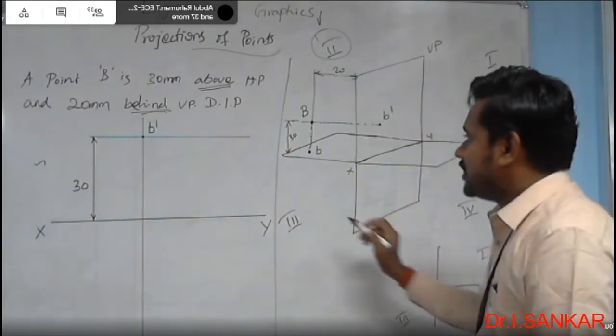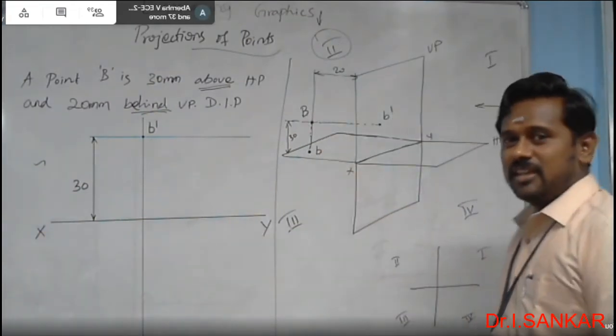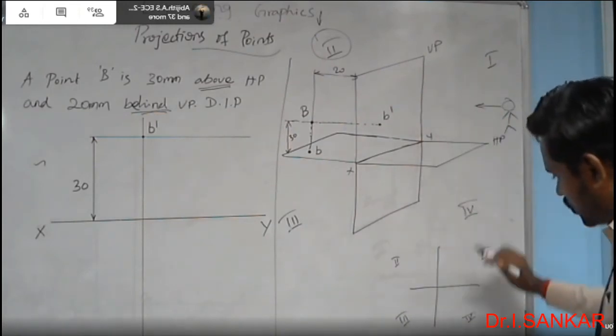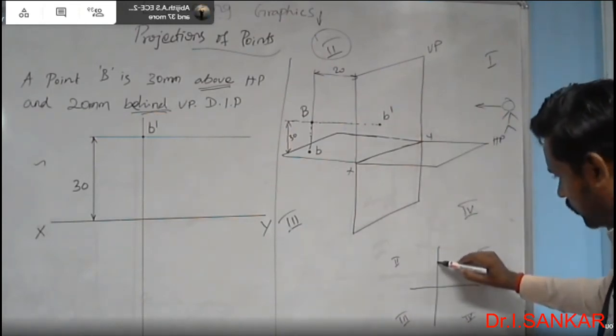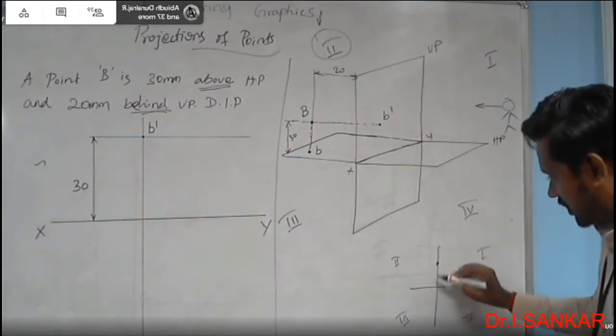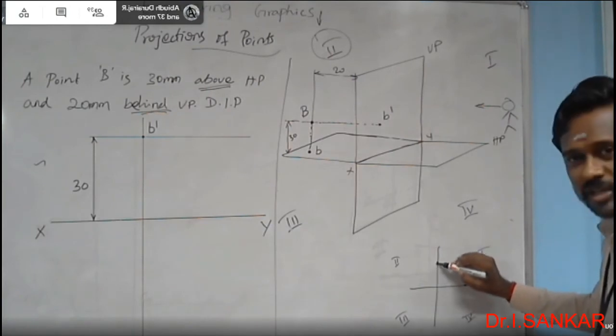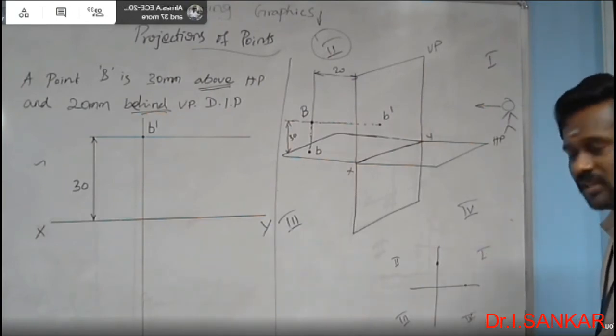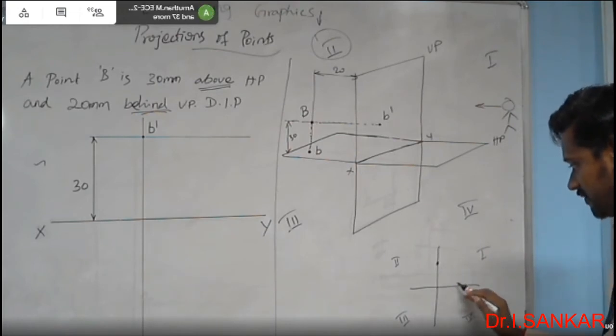See here, the top view is that. In the previous question, the object is located in the first quadrant. So we obtain the front view here and the top view there. The front view can be easily drawn with an above XY relation. But the top view is not easy in that condition because it lies in front of XY.